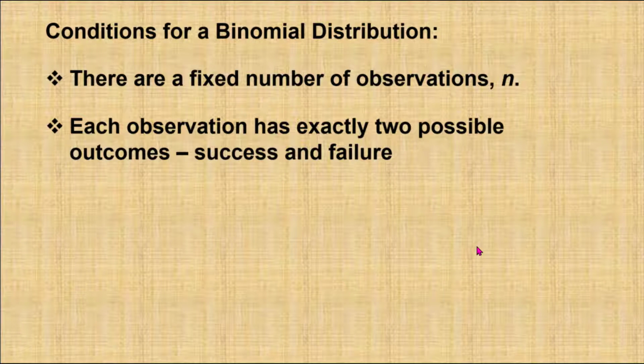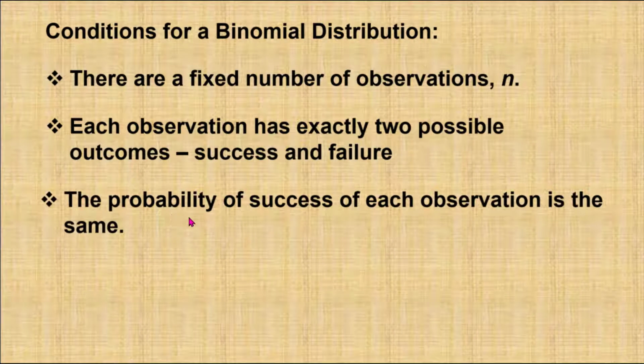The third condition is the probability of success of each observation is the same. For example, when tossing a die repeatedly, if we are only interested in obtaining a 6, then the probability of obtaining a 6 is always the same, which is 1 over 6.